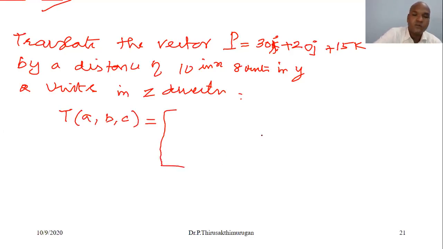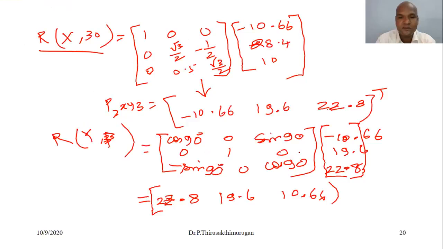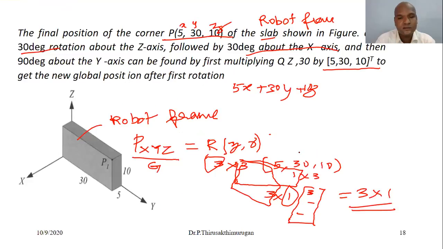The transform matrix consists of X, Y, Z. So what is the translational matrix? Instead of the rotational 3 by 3 matrix, we simply substitute the unit matrix, the identity matrix.